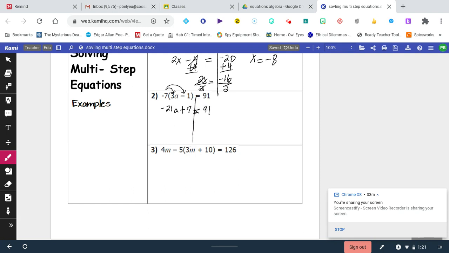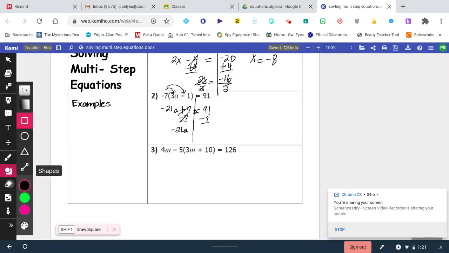Now I have a basic two-step. Well, which number is farther away from the a? That would be 7, because negative 21 is really stuck to a, okay? 7 and a are separated by a plus sign, so I'm going to change the sign. So you end up with negative 21a. Okay, I'm going to have to write that better, guys.